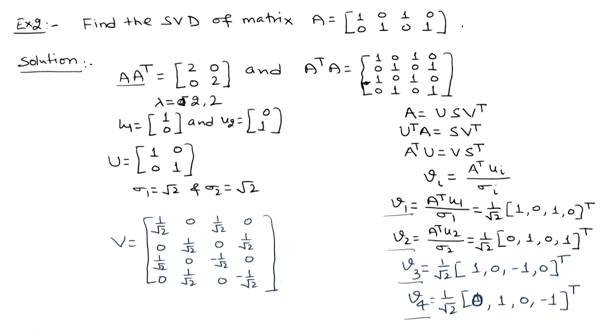So, hence clearly V is an orthogonal matrix. The only thing left is to write the matrix S.